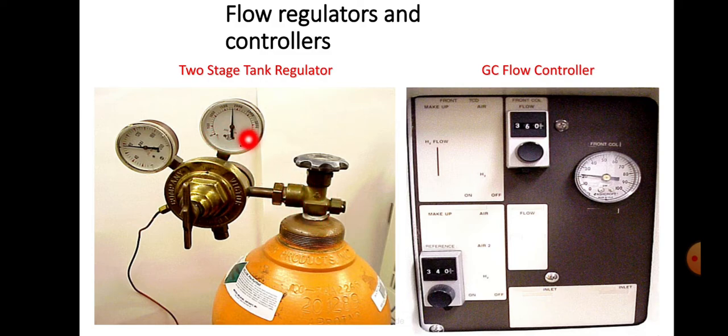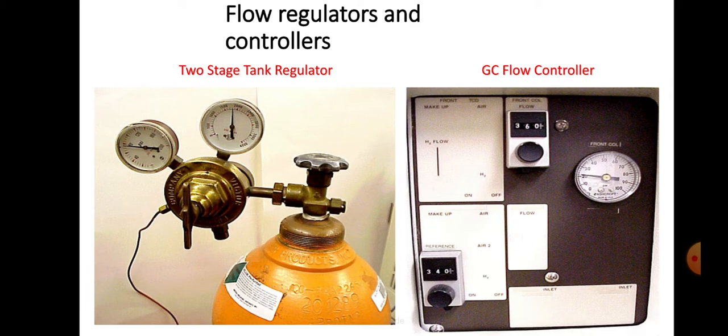Okay, so this is indicating how much gas is remaining inside this particular tank. And the other meter will indicate at what pressure the carrier gas is flowing, or you are allowing through this knob to pass through this particular tubing. So this tubing is taking our carrier gas into the further part of the instrumentation, and these are the two-stage regulator, one for indicating the pressure inside the carrier gas tank, and the other for indicating at what pressure you are allowing to pass through this tubing.